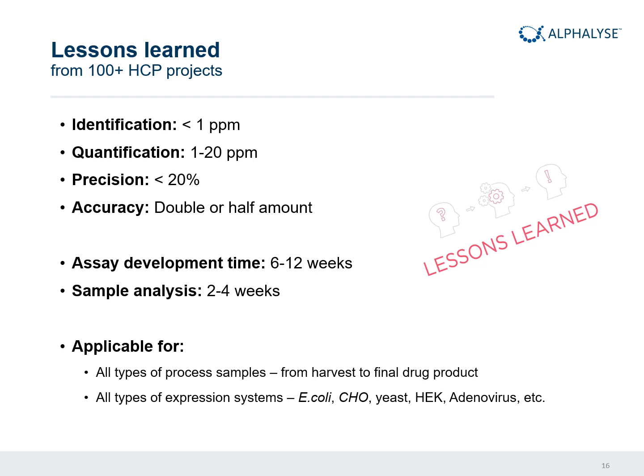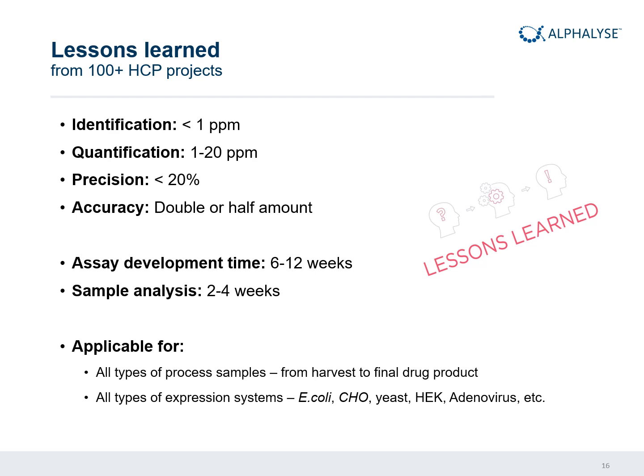The method can be used for all types of samples. We have used the exact same method for very dirty samples and very clean samples. So there's no difference whether it's just after harvest or an antibody that is almost without any host cell proteins. We have also used it for a broad range of expression systems: E. coli, CHO, yeast, you name it.